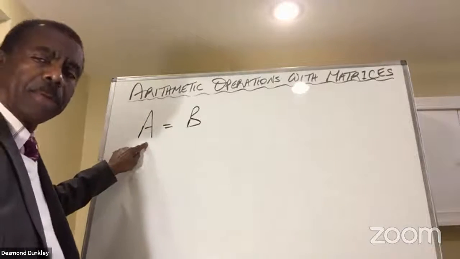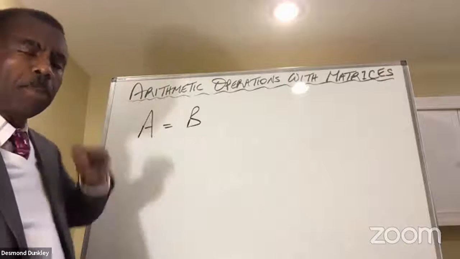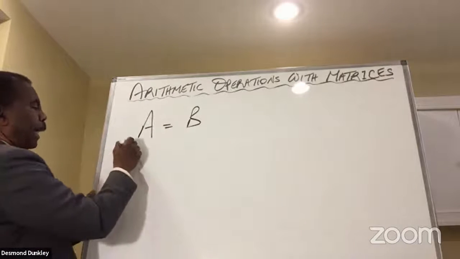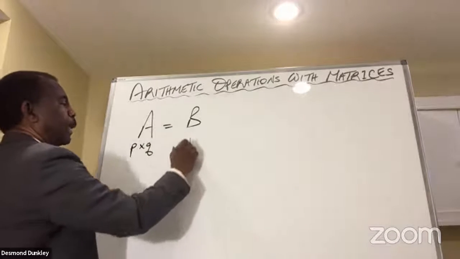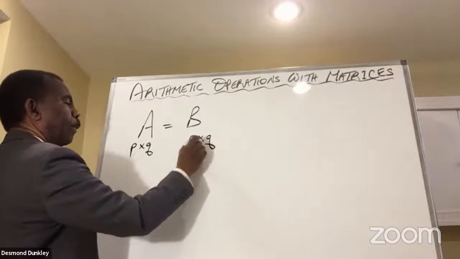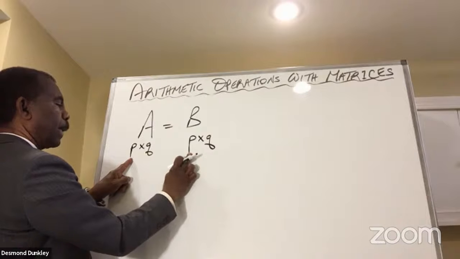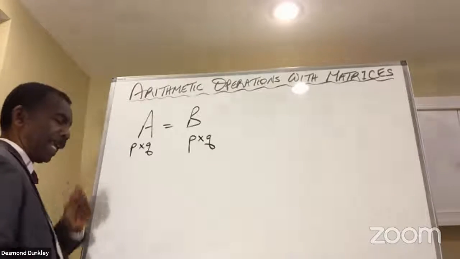They must have the same number of rows, same number of columns. If this is P by Q, then this has to be a P by Q. The number of rows must be the same, the number of columns must be the same.